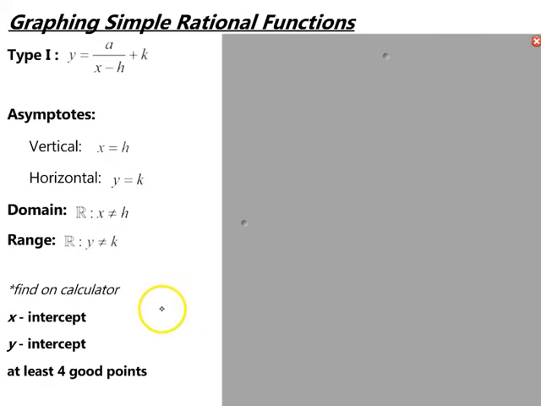Now you'll see in the examples that I'm also going to ask you for the x-intercept, the y-intercept, and for you to graph at least 4 good points. To get this information, we're going to take it off the calculator, just like we did before. You're going to graph the function in y equals, and then we'll calculate the zeros of the function. You can also calculate the value where x equals 0 to find the y-intercept, and use the table to find at least 4 good points to plot on your graph.